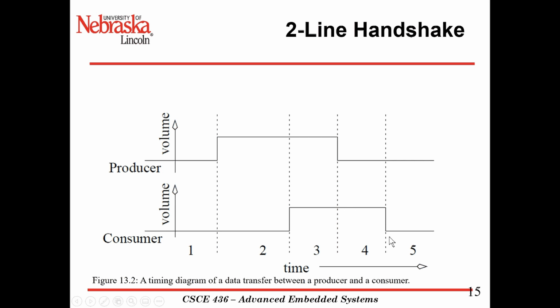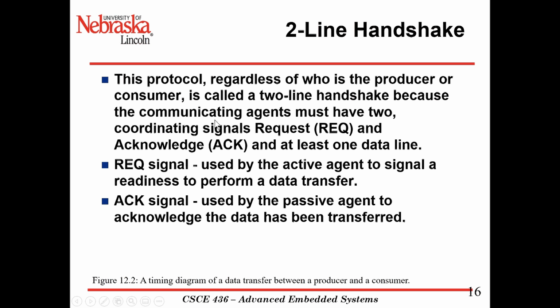We can evolve this with a protocol, a two-line handshake, essentially. Regardless of who the producer or consumer is, we can use this two-line handshake to coordinate request and acknowledge signals via one data line.